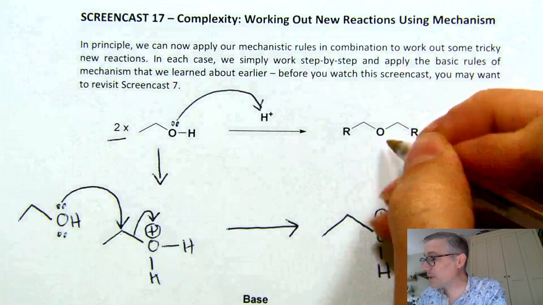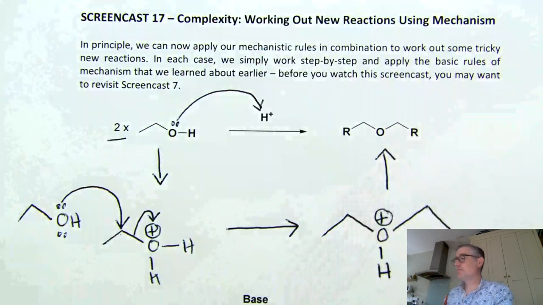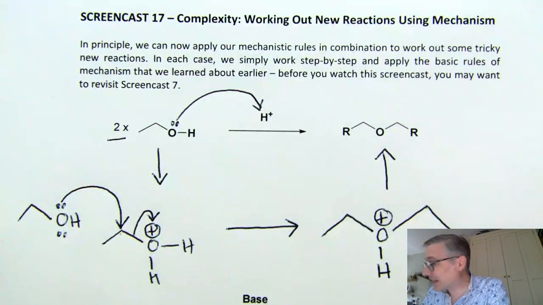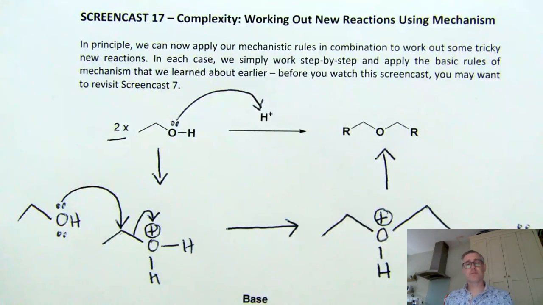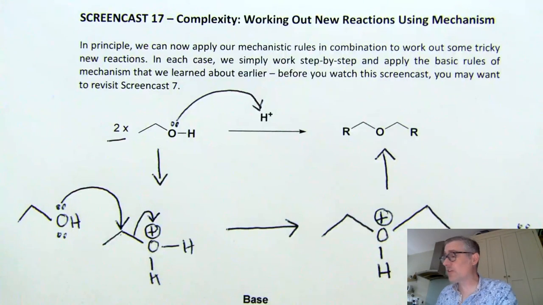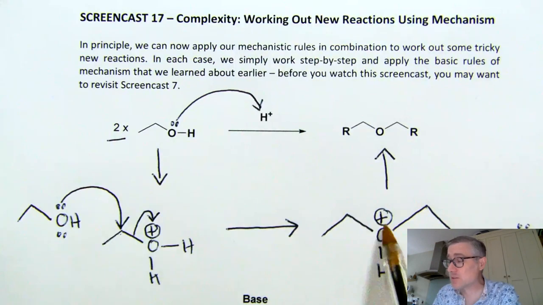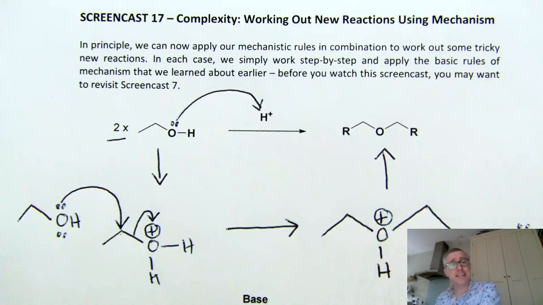Somehow we have to get from here to here. H2O has lone pairs on the oxygen. That's a good place to start a curly arrow. Where's it going to flow to? Towards the positive charge. It can't go straight to the positive charge because it's an 8-electron heteroatom.